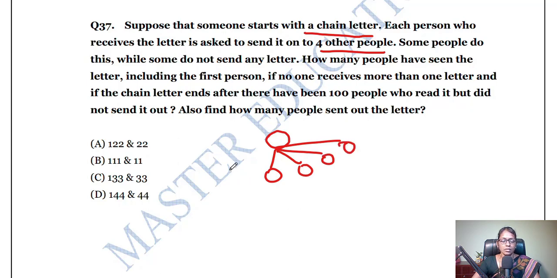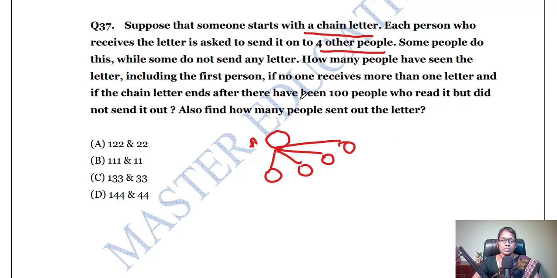So he is starting with a chain letter, receiving some letter A, and I am asking A to send it on to 4 other people.